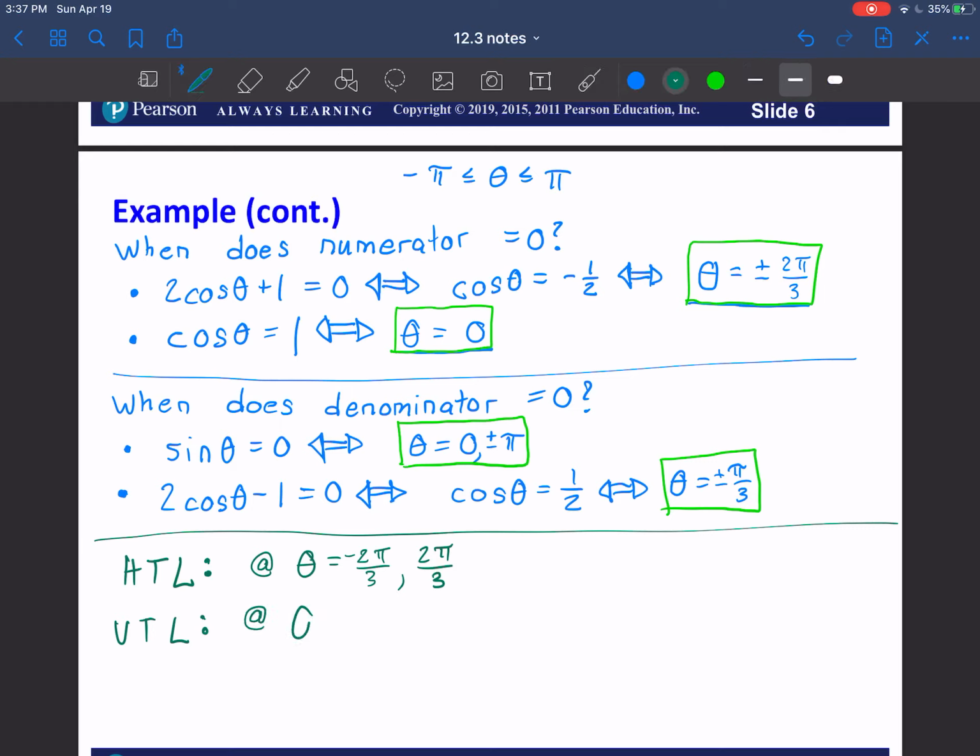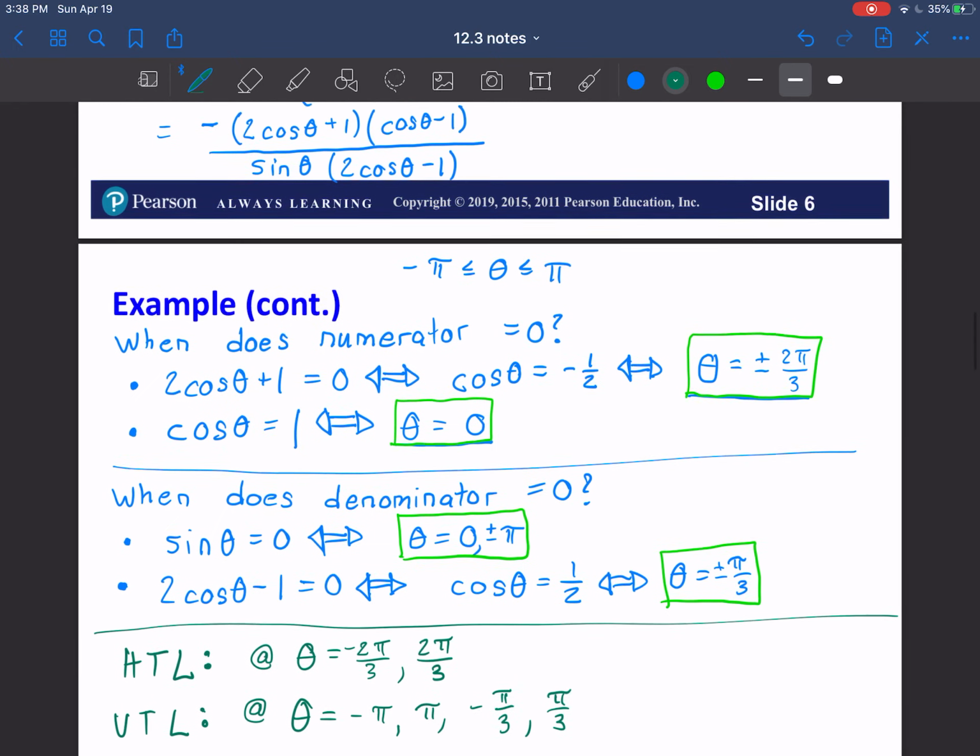But we do know for certain that a vertical tangent line will occur at plus or minus pi. Let me write out the terms in their entirety: minus pi, positive pi, minus pi over 3, and positive pi over 3.